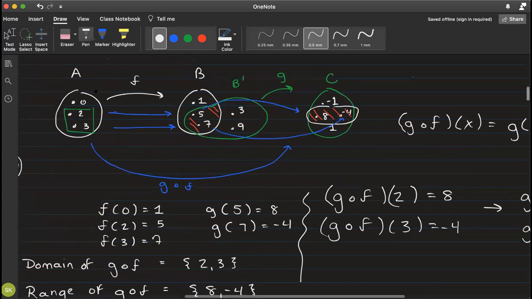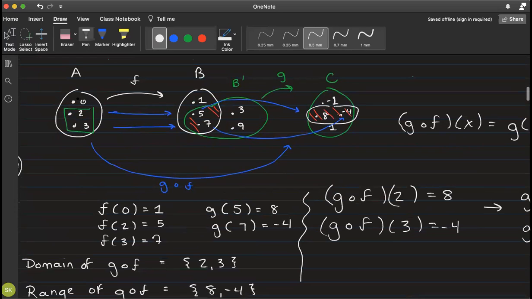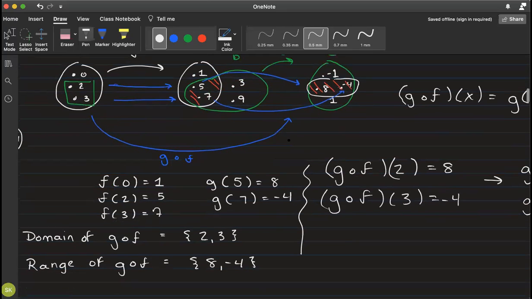Now if we tried to do something else like 0, well, 0 is sent to 1, but 1, that's not in the domain of G. So 1 is not being sent to this other side, over here. And because of that, that's why it's not in the domain, because we don't have a mapping.